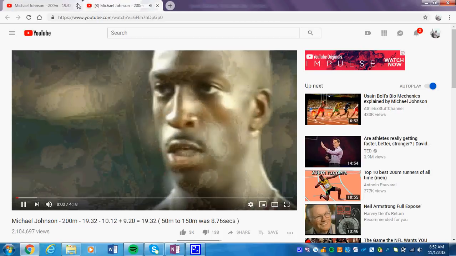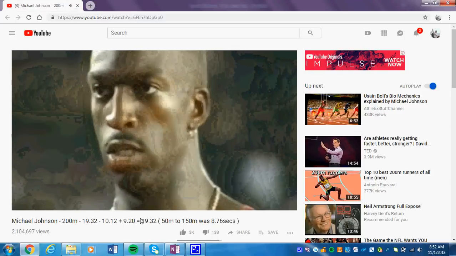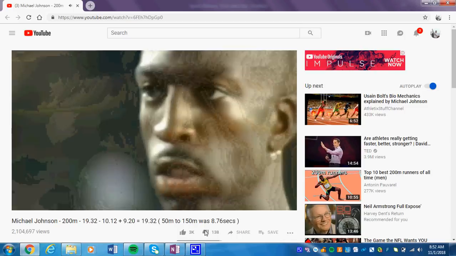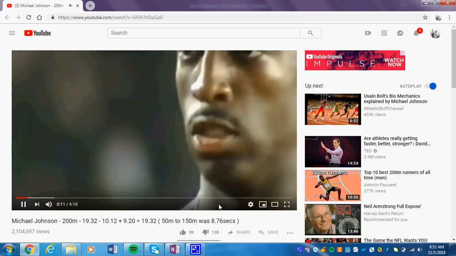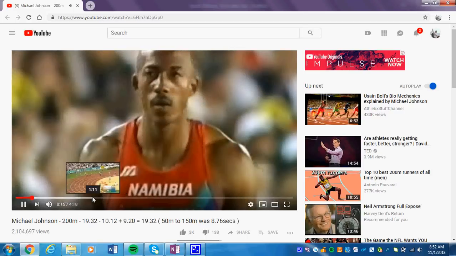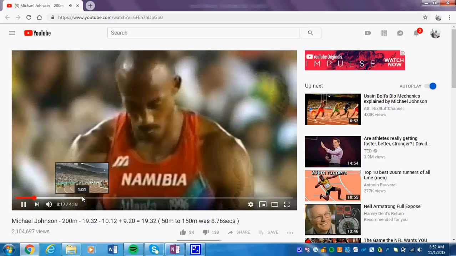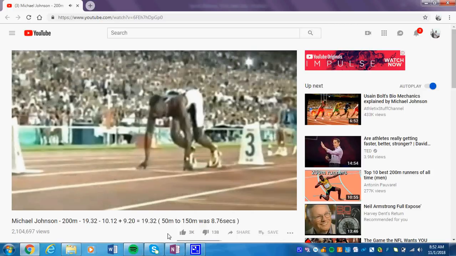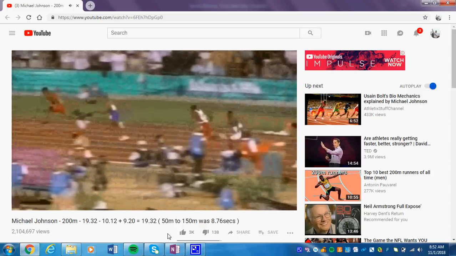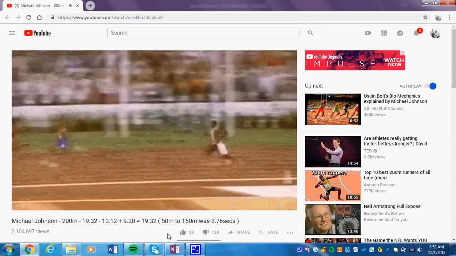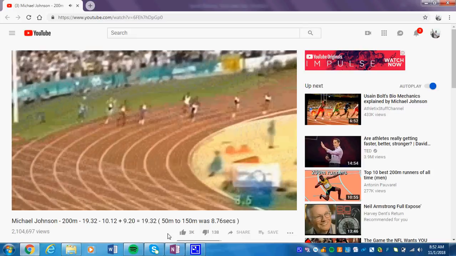Again, his entire time to run this was 19.32 seconds for 200 meters. We'll fast forward here just to see what this looks like. As you watch, he takes off from the starting blocks. His average time, the entire thing to go 200 meters, was 19.32.